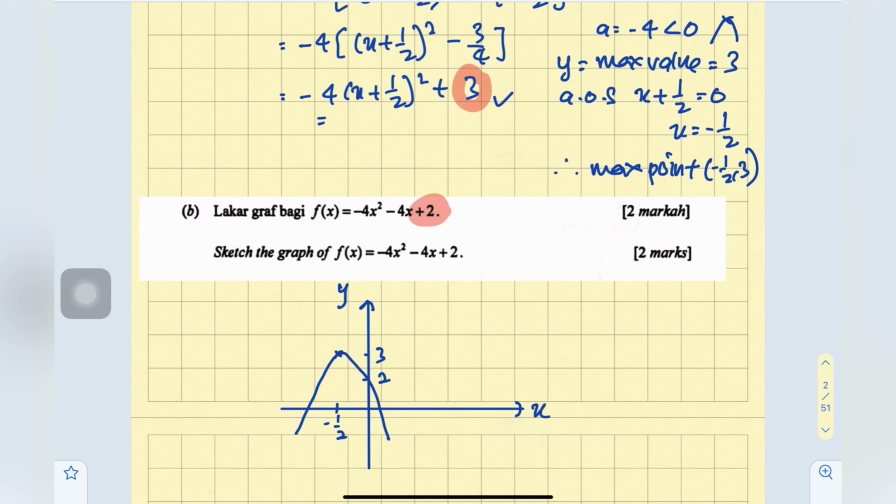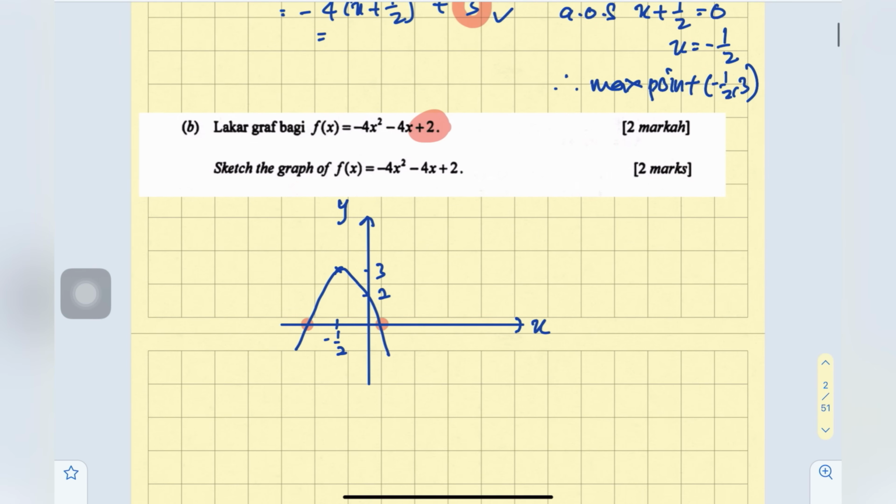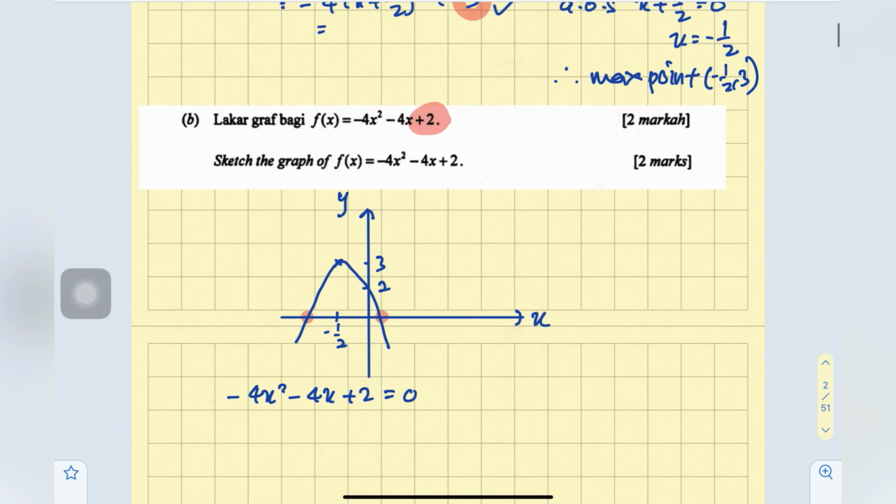Okay, if we want to complete it, we can also find the roots here. The roots are where f(x) equals 0. So here we get negative 4x squared minus 4x plus 2 equals 0. This one apparently we cannot factorize, so we can use the formula. x equals negative b plus or minus the square root of b squared minus 4ac, over 2a.